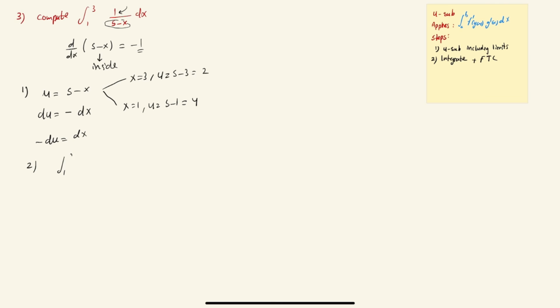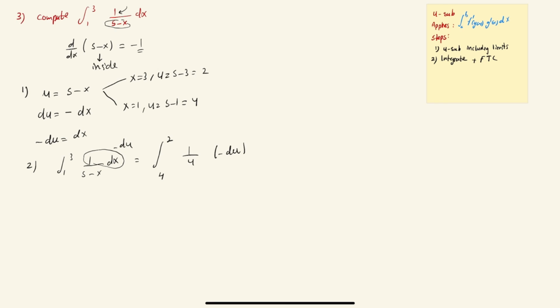Step 2 is to integrate using the fundamental theorem of calculus. This is going to be equal to the integral with the new limits, going from 4 to 2, and then 1 dx is just equal to minus du from step number 1, and then 5 minus x is just u.